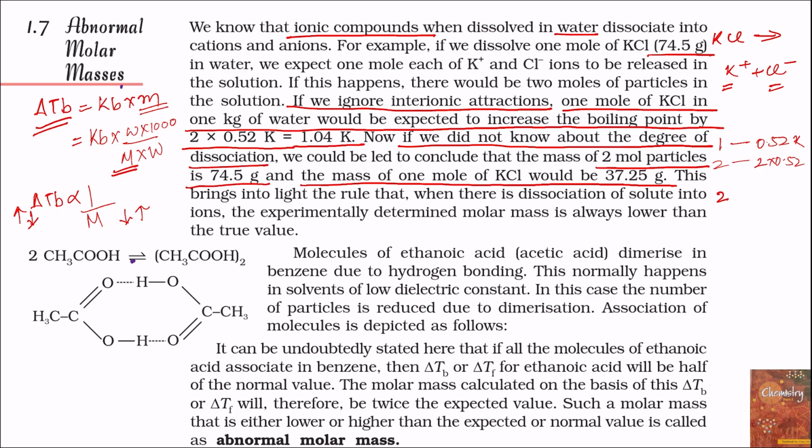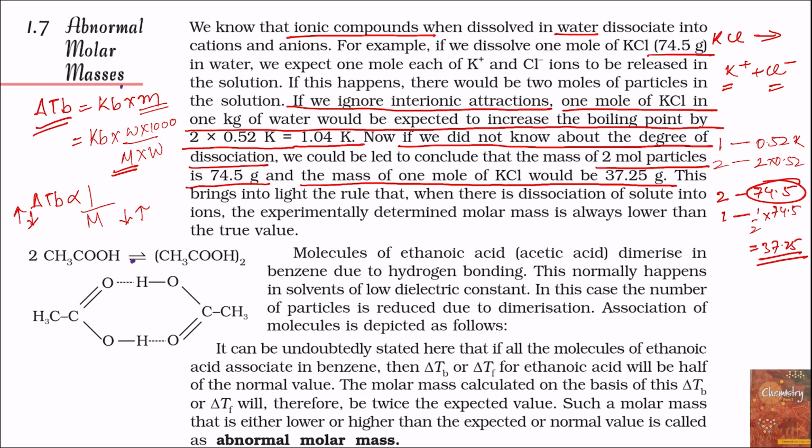So, the weight of 1 mole of particles will be half of 74.5 gram, that is 37.25 gram. So, the actual molar mass is 74.5 gram, but because of dissociation, the experimental molar mass will be 37.25 gram. That is, the experimental molar mass is less than the molar mass calculated from the chemical formula.